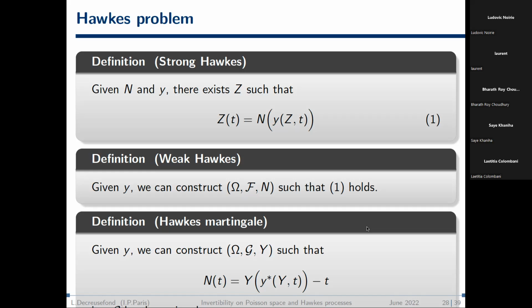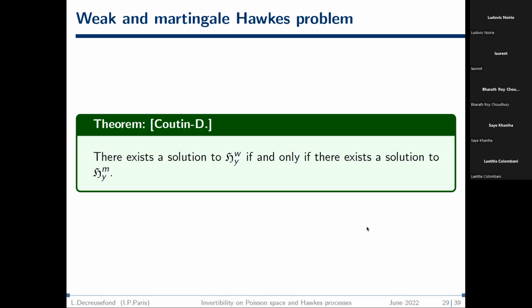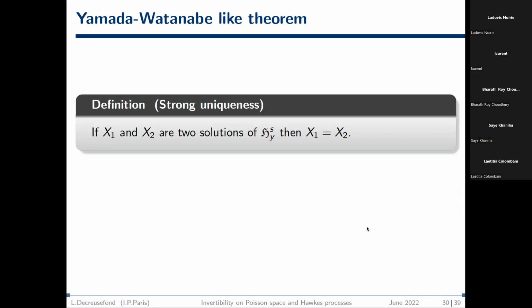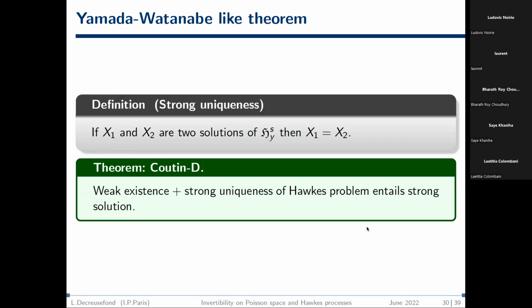Exactly as in the case of Brownian SDEs, there exists a solution to the weak problem if and only if there exists a solution to the Martingale problem. This is rather easy to show. You have a notion of strong uniqueness, which says that if X1 and X2 are two solutions defined on the same probability space, solutions of the strong problem, then X1 is equal to X2. And you have the Yamada-Watanabe theorem: if you have weak existence with strong uniqueness, you have a strong solution.